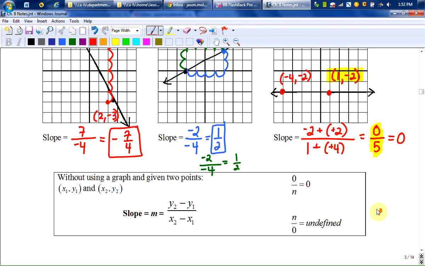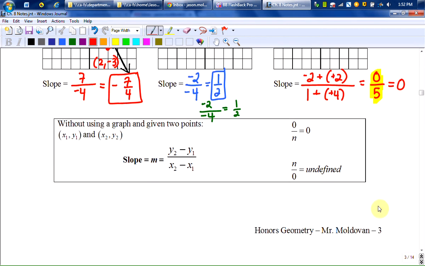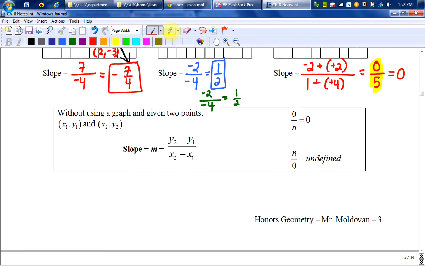So go down here, this just clarifies everything that I was talking about. Here is the formal slope formula, y2 minus y1 over x2 minus x1. Here's the variable that we normally use for slope. Here's a reminder that 0 over some number n is equal to 0, whereas n over 0 is undefined or no slope.